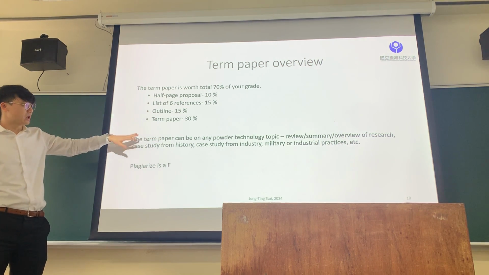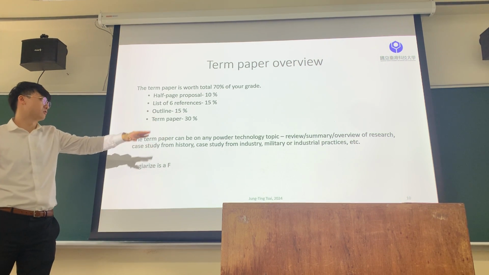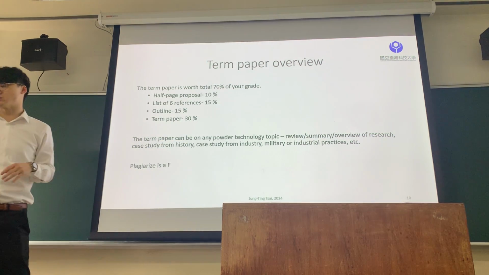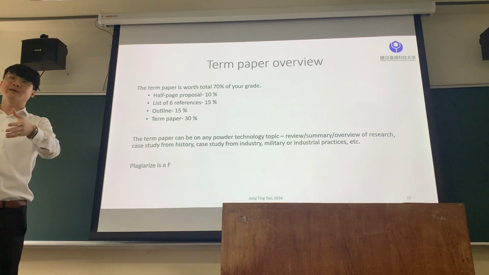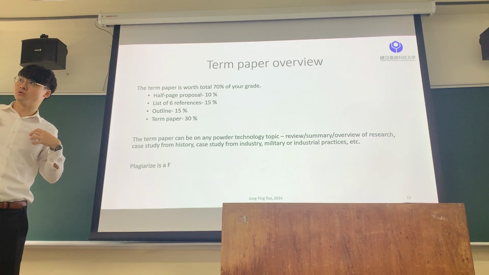The term paper can be on any powder technology topic that involves a review summary of research, a case study from international sources, and so on. So all of this is review, okay? You read something, and then you put this content in your own words, right?